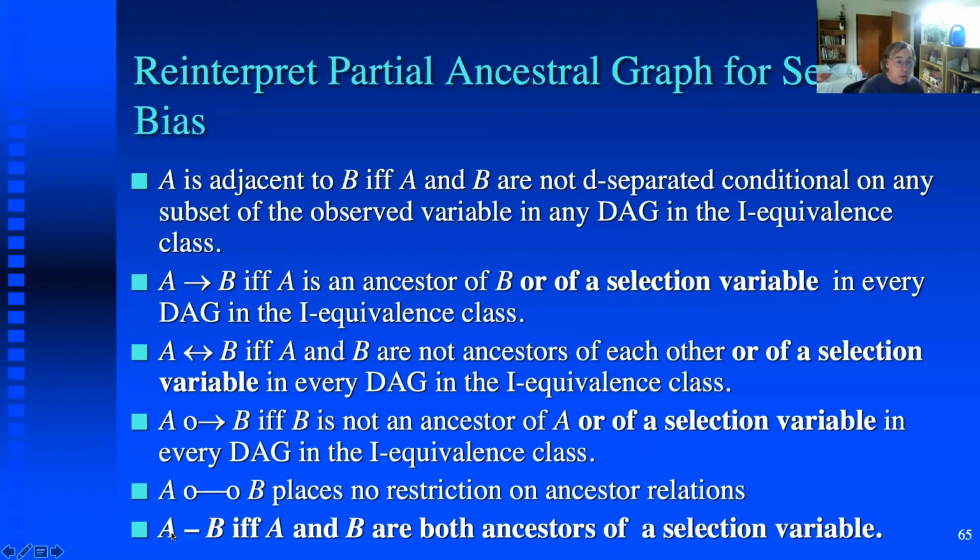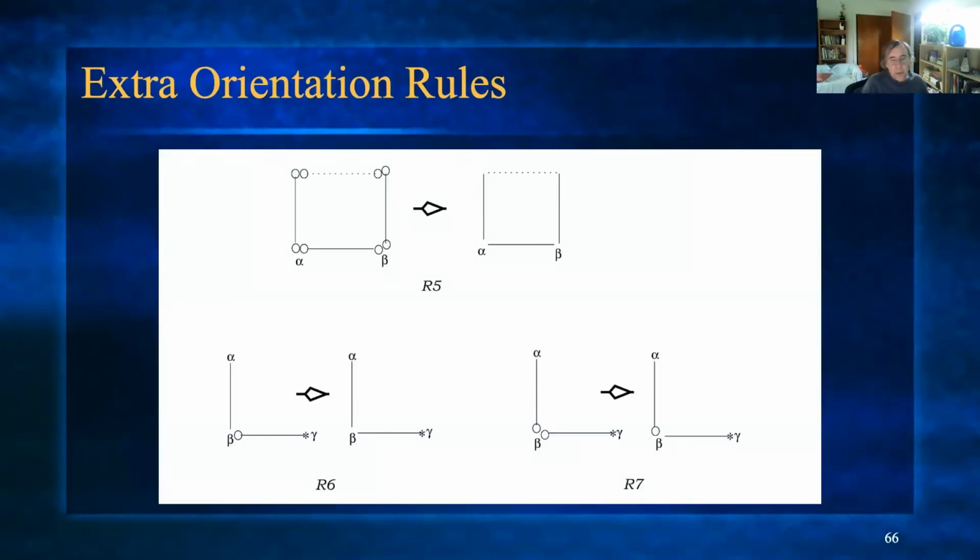And then we would add a new kind of edge, which basically says if I ever see this kind of undirected edge with no circles on the end, that only occurs when A and B are both ancestors of a selection variable. So if I ever see these undirected edges, I know that as a matter of fact, I've got a selection bias. I can run the same story again where I have to complicate how I look for adjacencies, and then I have to add a whole bunch of extra orientation rules.